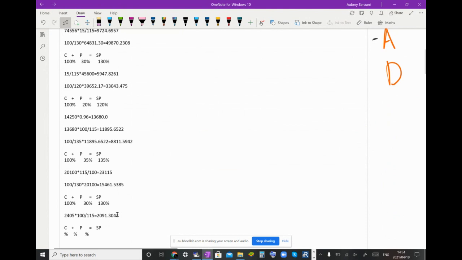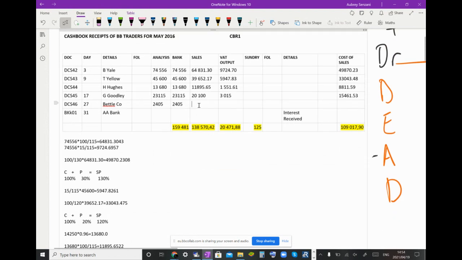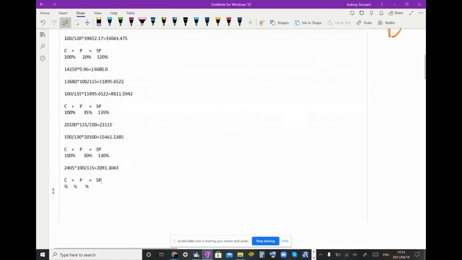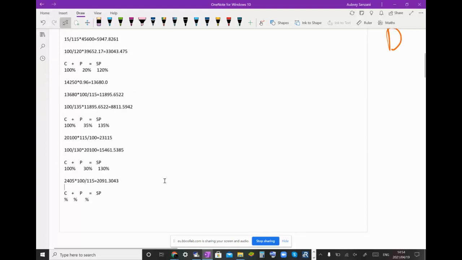This amount right here. Okay. And that we know we plug into sales. For sales, we put the exclusive amount. Then we need to calculate the VAT.